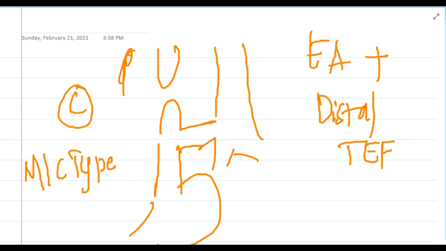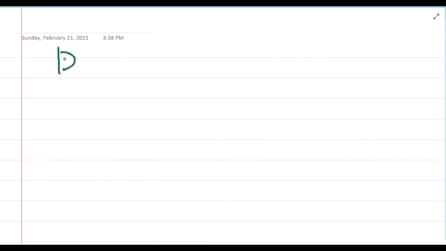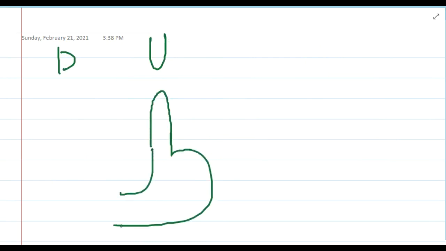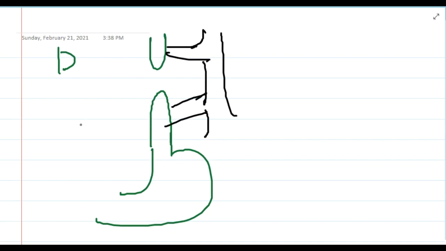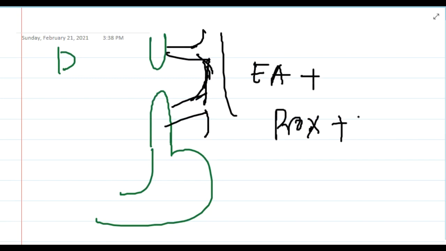Then we have type D, where both proximal and distal fistulas are seen. This is esophageal atresia with proximal and distal tracheoesophageal fistula. This is type D.